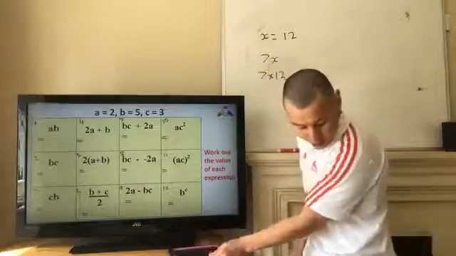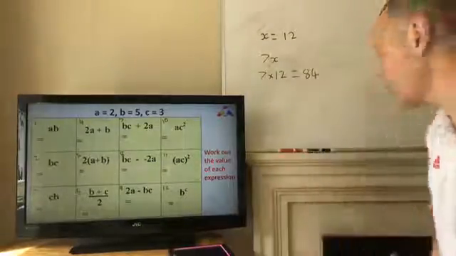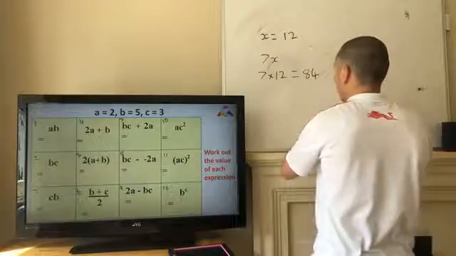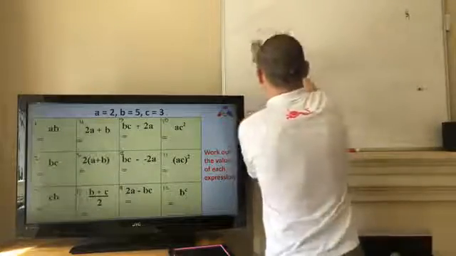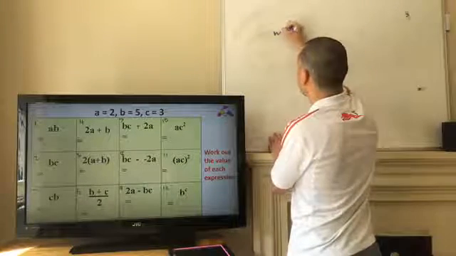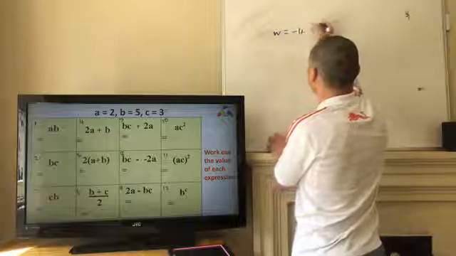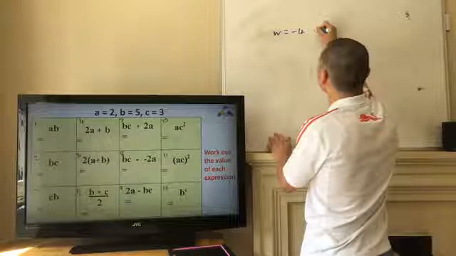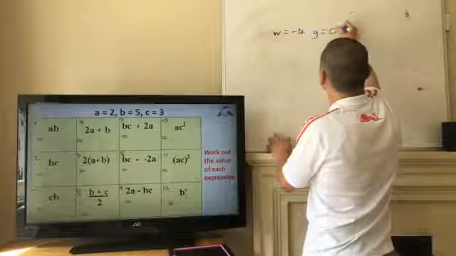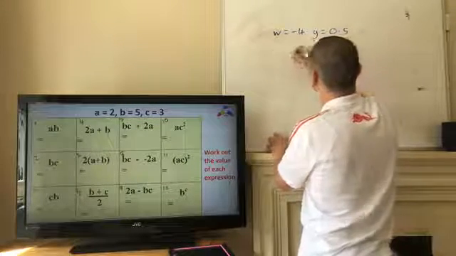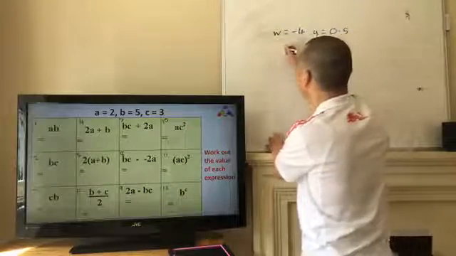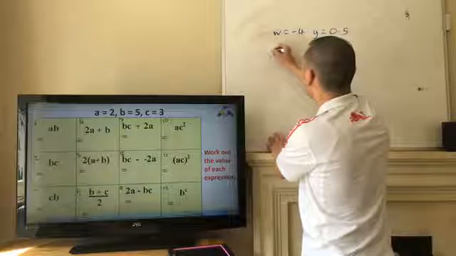Right, if you finish those, I'm just going to put one more really tricky negative number one on the board. Have a go at this one, please.